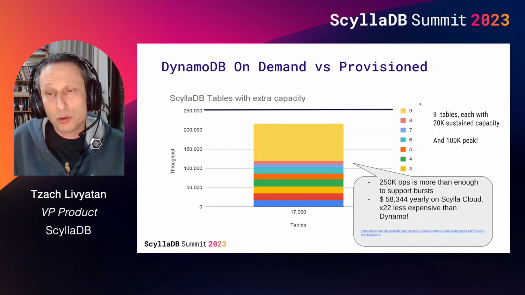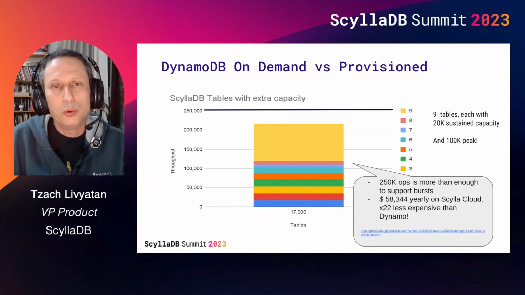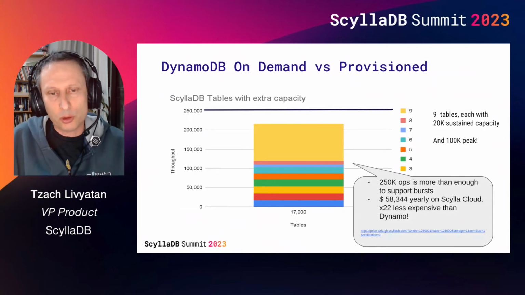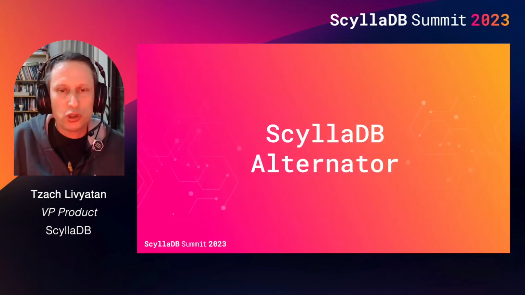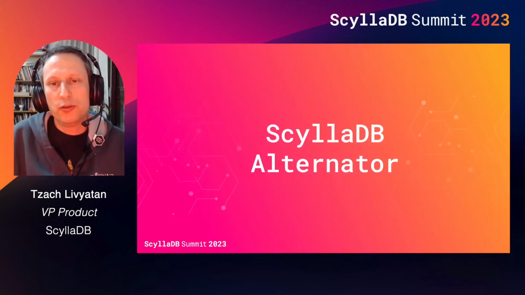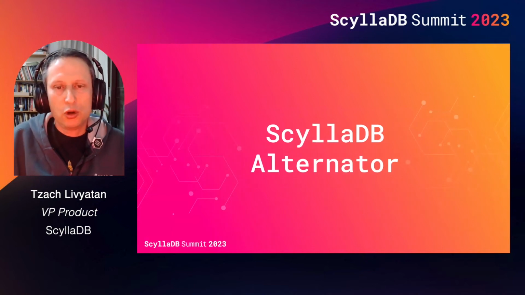In this case, more than 20 times less expensive than DynamoDB, because you don't have to understand or provision the capacity per table in advance. You can do it for the entire database. So that's much easier. I hope by now you're convinced that ScyllaDB costs less than Dynamo and has better tail latency.